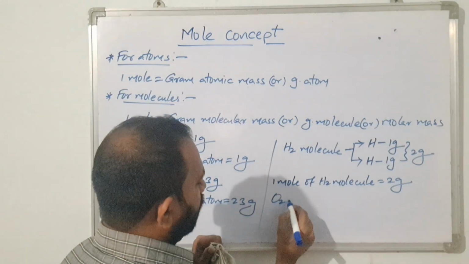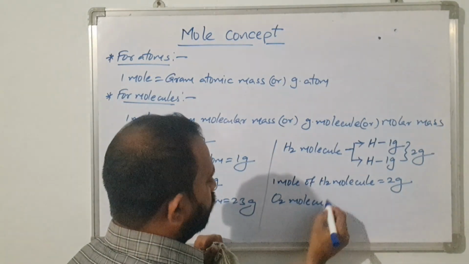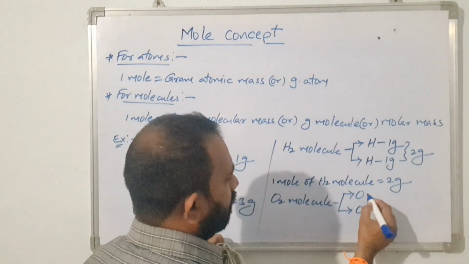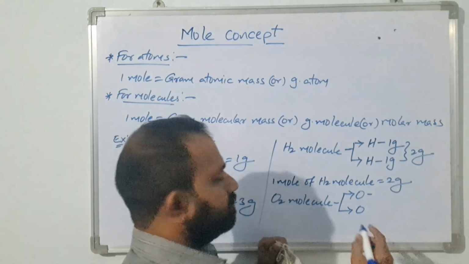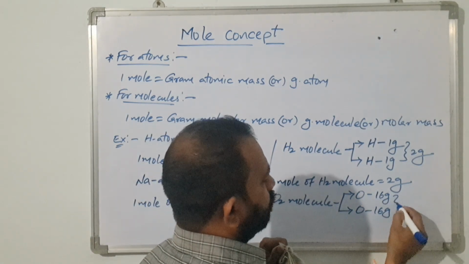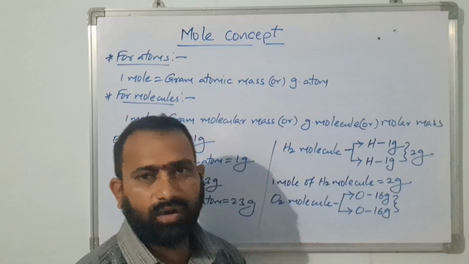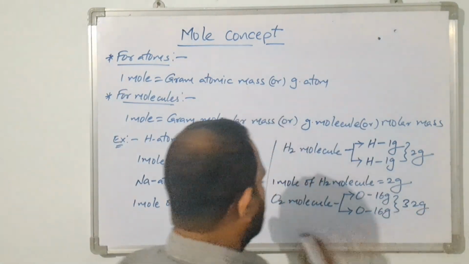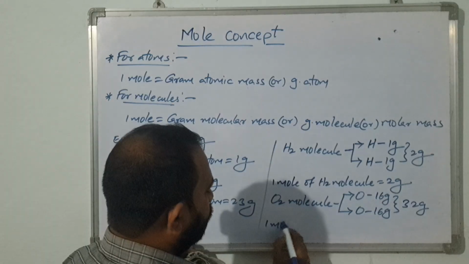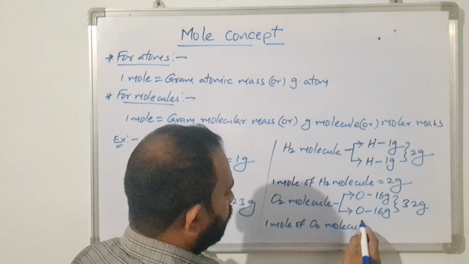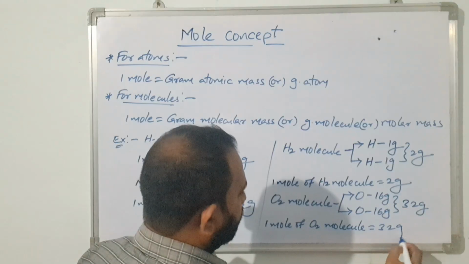As well as the O2 molecule. The O2 molecule contains 2 oxygen atoms. Oxygen's gram atomic weight is 16 grams, and this oxygen is also 16 grams. So the sum of these 2 oxygen atoms is 32 grams. So 1 mole of O2 molecules is equal to 32 grams.